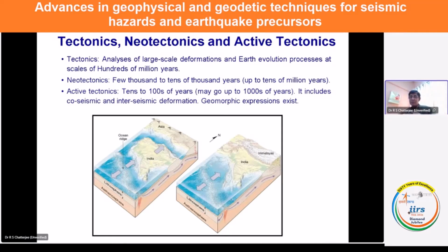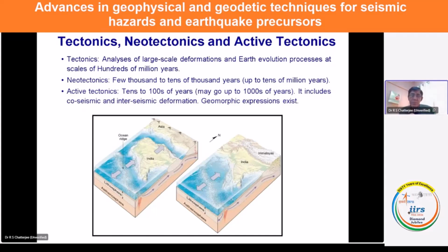So this is the time limit for that particular area. Like in case of India and the Himalayan region, it is around 50 million years, when the Indo-Australian plate collided with the Eurasian plate. So then this lithospheric plate boundary has been settled down, isn't it? So from that time onwards, whatever tectonic activities have happened, we consider as neotectonics.